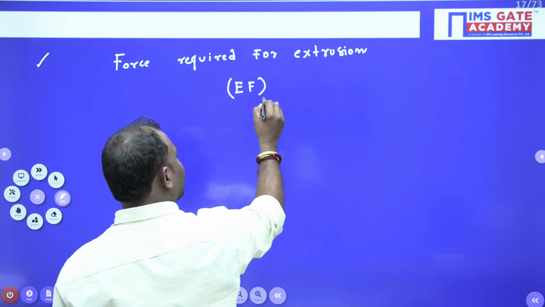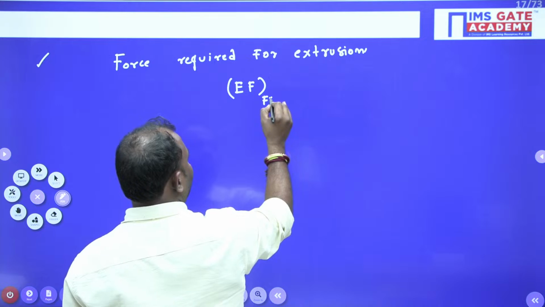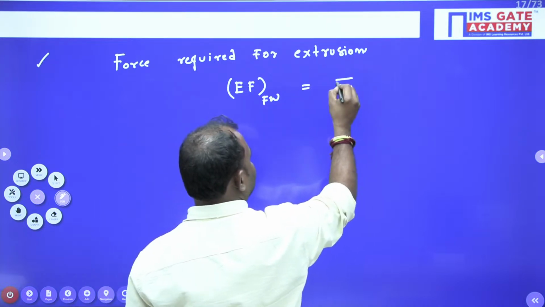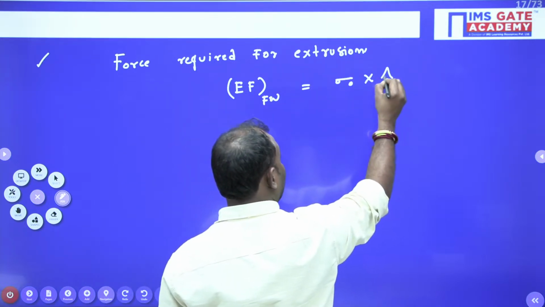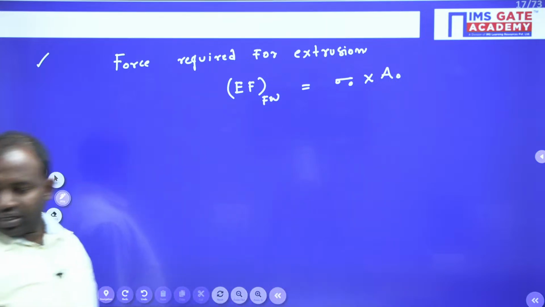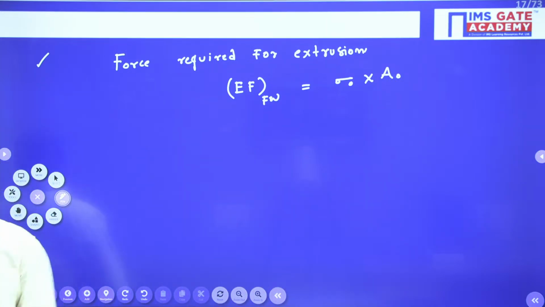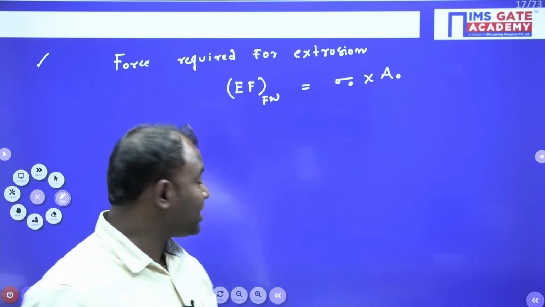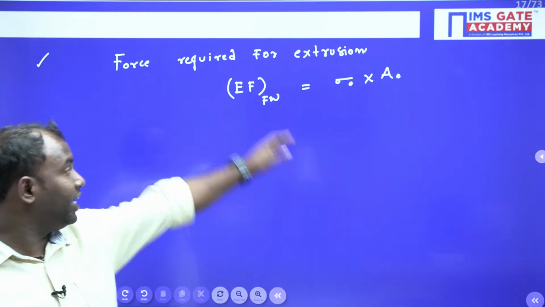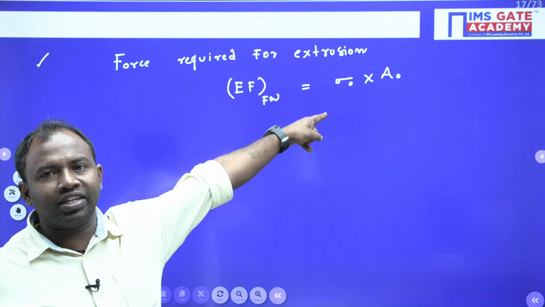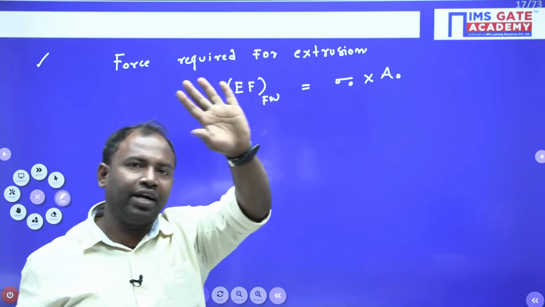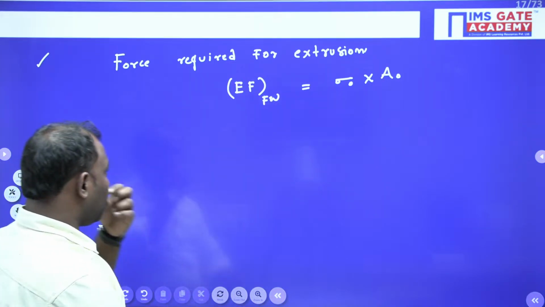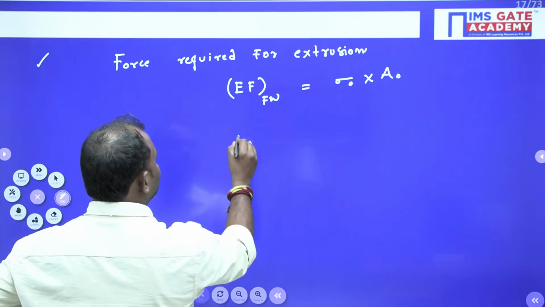For forward extrusion, it is going to be sigma d into A naught, A naught here, not AF. Why? Because here the force is applied from the back side. That is why the initial cross section must be multiplied with the extrusion stress, so that you are going to get the extrusion force.